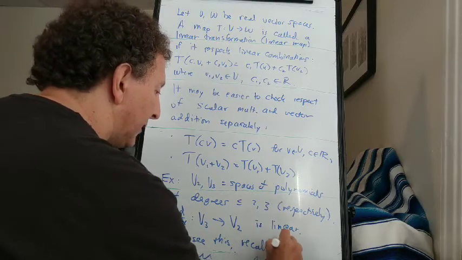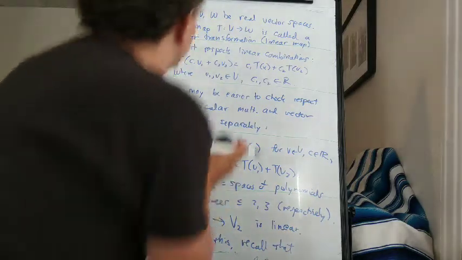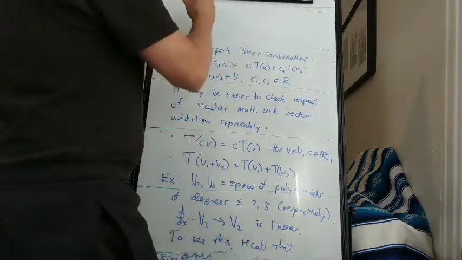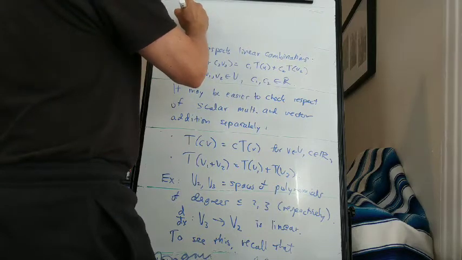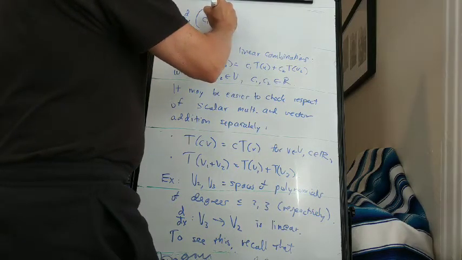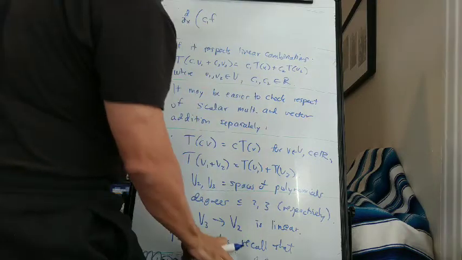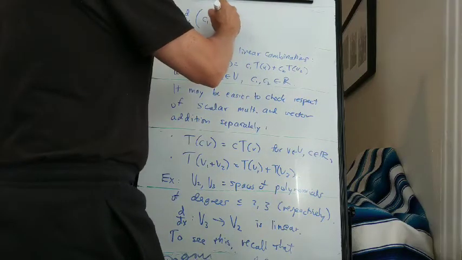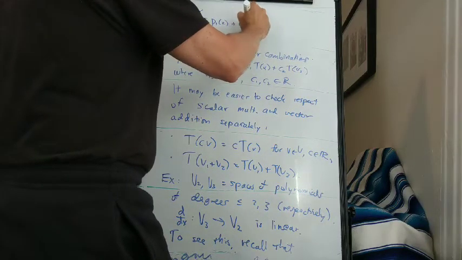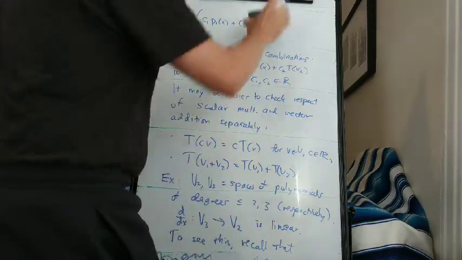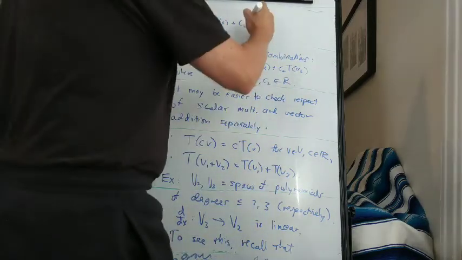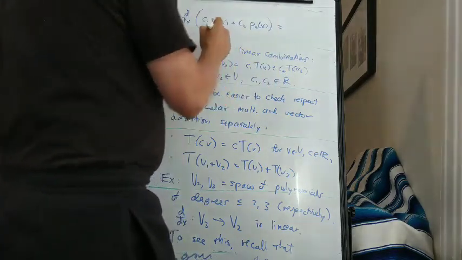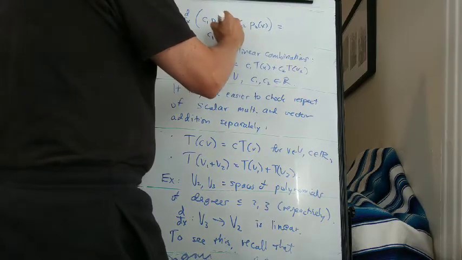So this is linear, and we just have to remember how differentiation works when we add things together and multiply by scalars. So if we have, let me use p for polynomial, a multiple of one polynomial plus a multiple of another polynomial, that equals, well, scalars come out of differentiation.